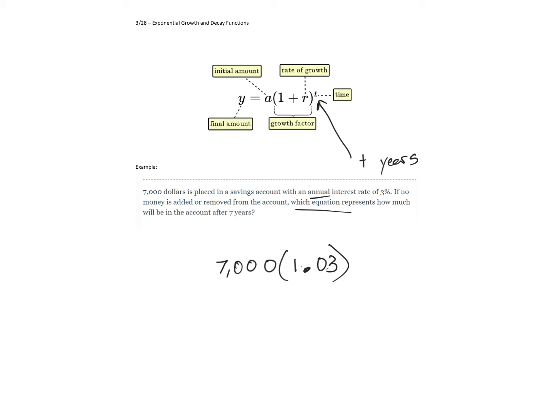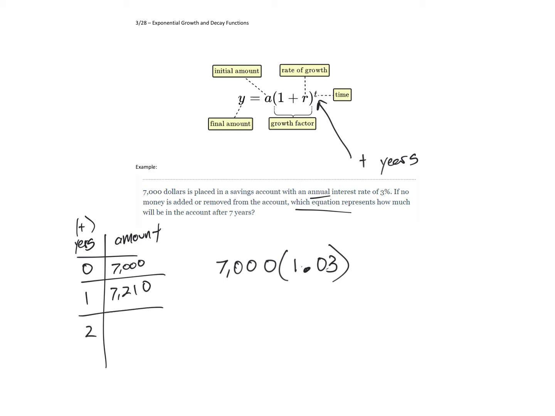And the way interest rate works is, at year 0 you have 7,000. After 1 year, you have 7,210. Well, what do you have after the next year? Well, that is a 3% increase from 7,210.